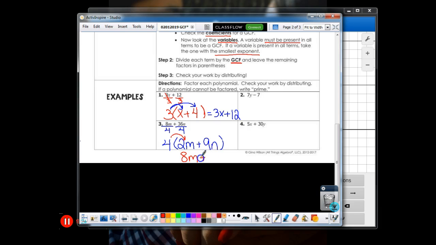And then 4 times 9 would be 36m. Okay. So really we're only using Desmos to figure out what we're dividing by, and then we divide each term by that coefficient.